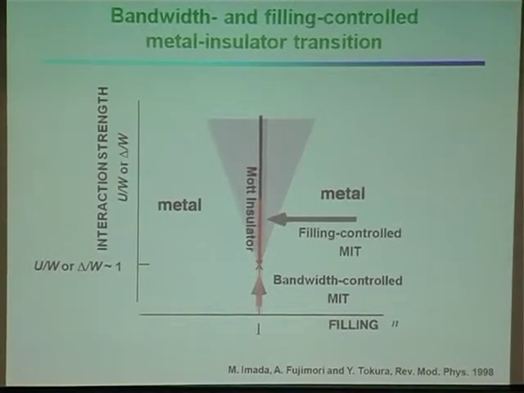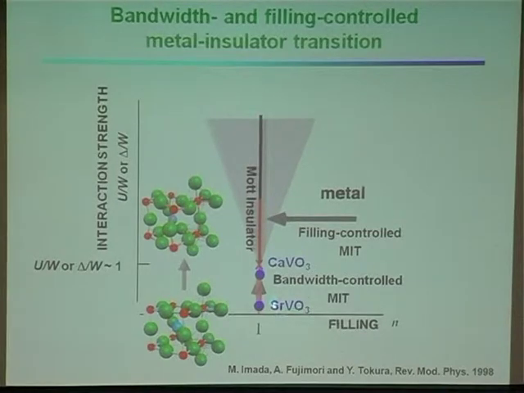So let me first review our earlier work on this line, namely strontium vanadate and calcium vanadate, a prototypical transition metal oxide with band filling of 1. This is an almost cubic perovskite.